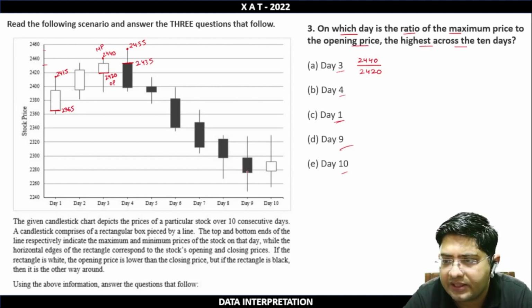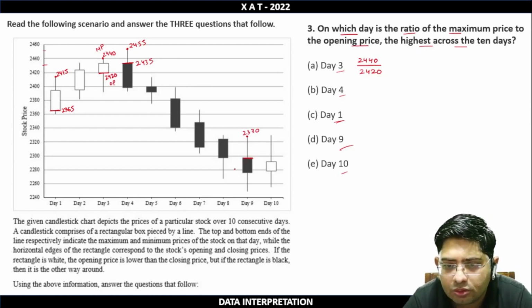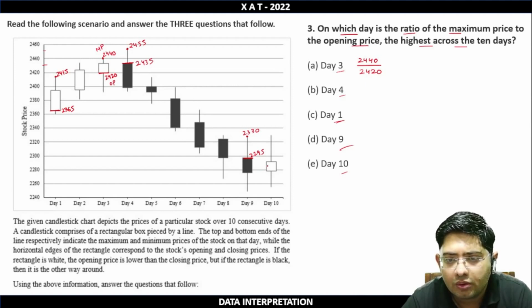So day 9, we can see here the maximum price is 2330, and the opening price will be the upper horizontal bar. So that is 2295. Next is day 10, maximum price 2330, opening price will be the lower horizontal bar, that is 2280.